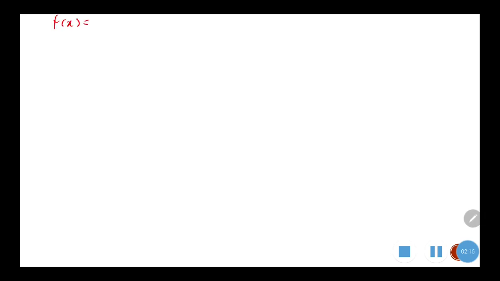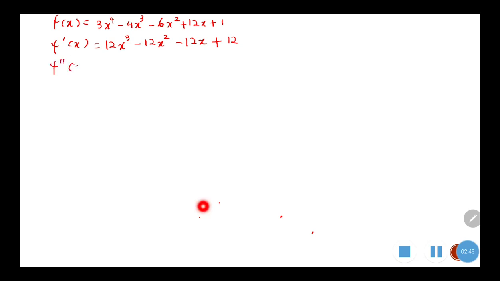f of x is 3x to the power of 4 minus 4x cubed minus 6x squared plus 12x plus 1. So f prime x is 12x cubed minus 12x squared minus 12x plus 12. And f double prime x is, why do we need to find f double prime?